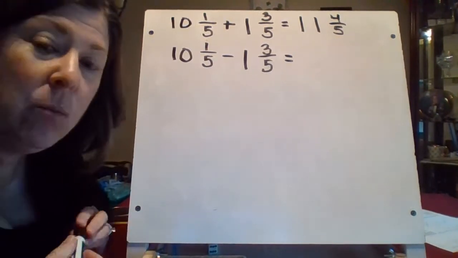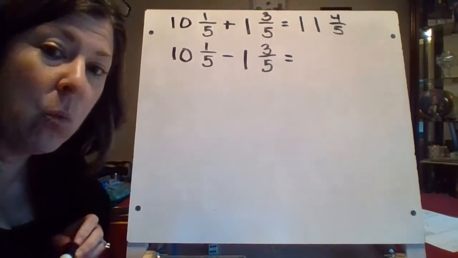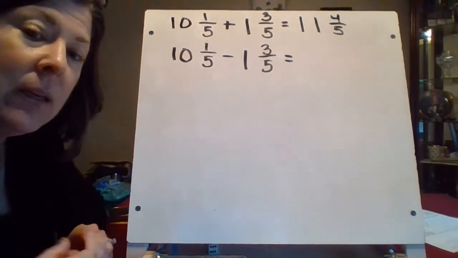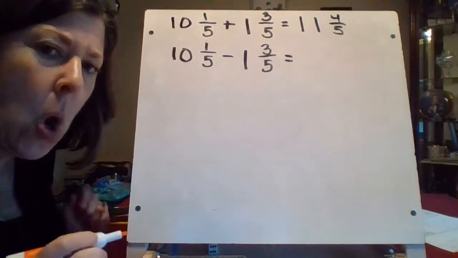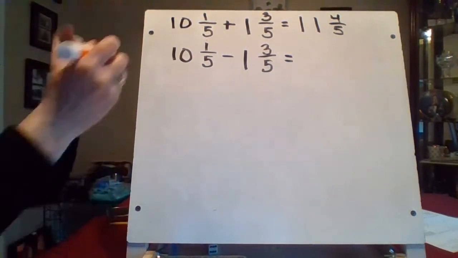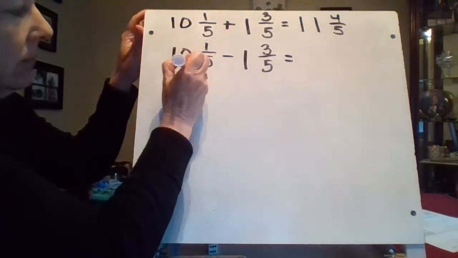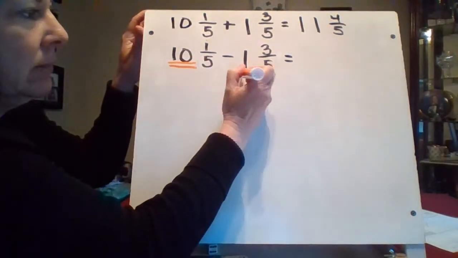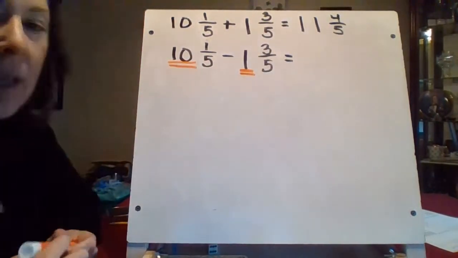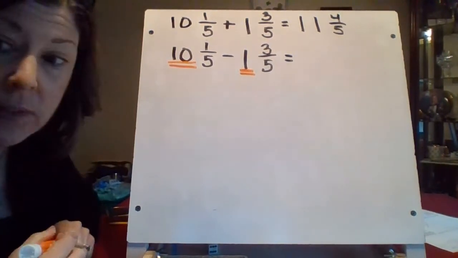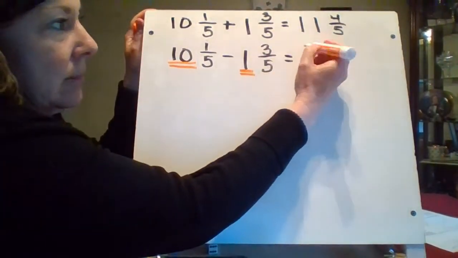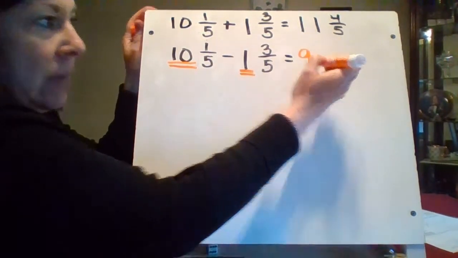Now I'm going to take that concept and bring it to my subtraction of mixed numbers. So I have 10 and 1/5 minus 1 and 3/5. The first thing I'm going to do is subtract those whole numbers. I'm going to subtract 10 minus 1, which gives me 9.